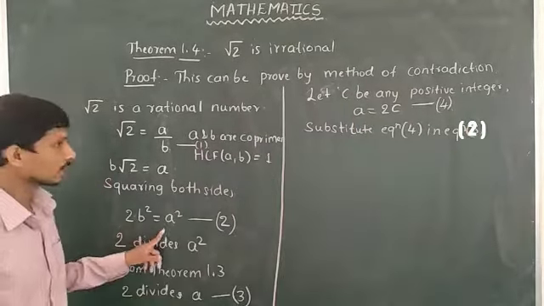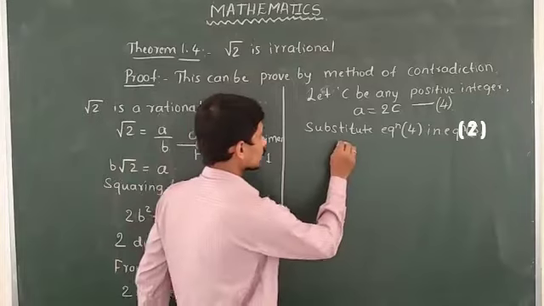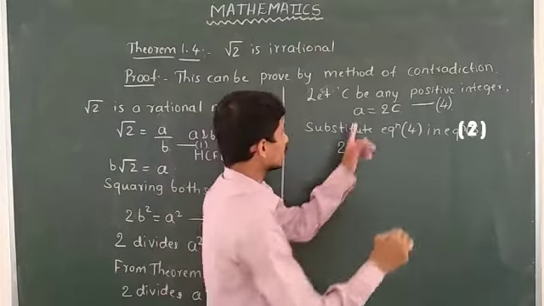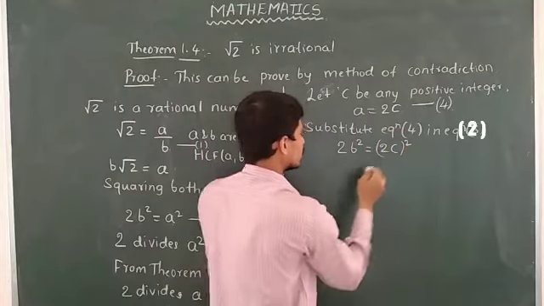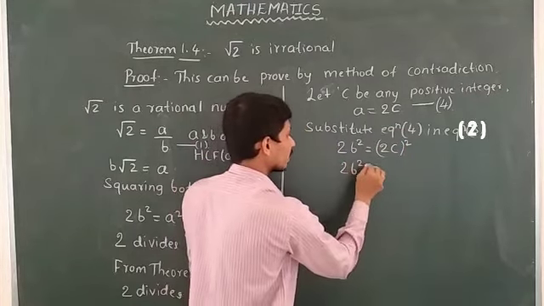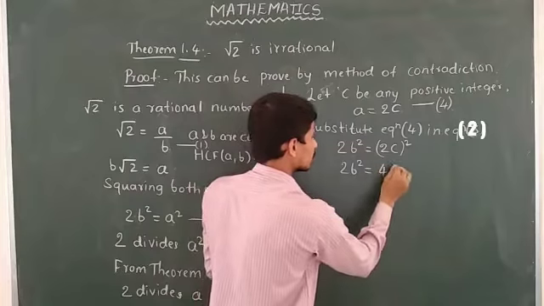What happens? 2b square is equal to a square, which is 2c whole square, that is 2b square is equal to 4c square.